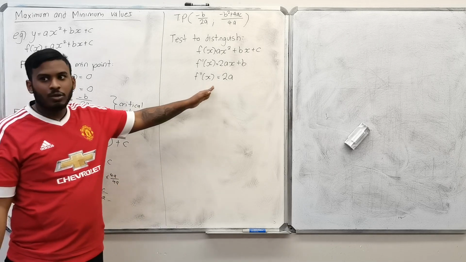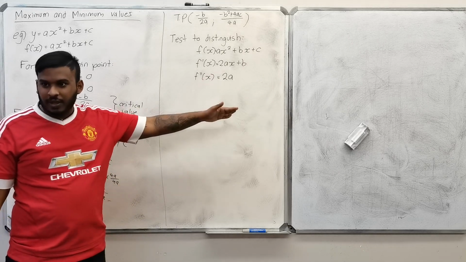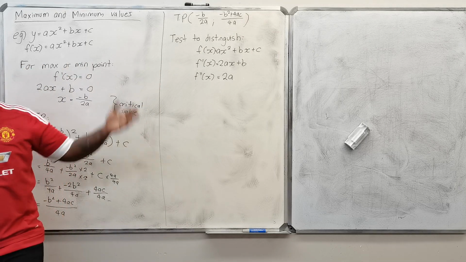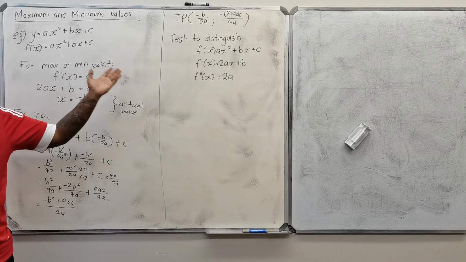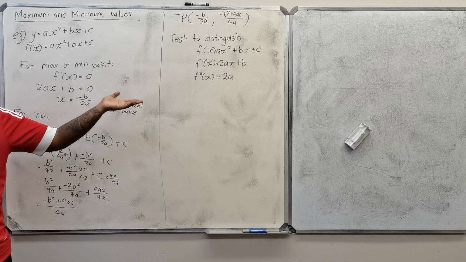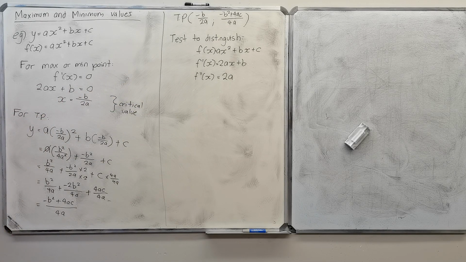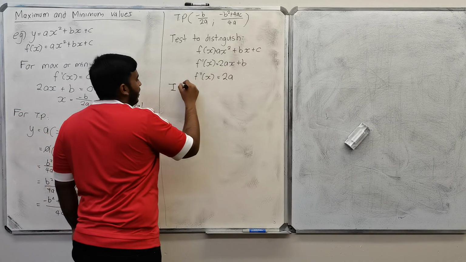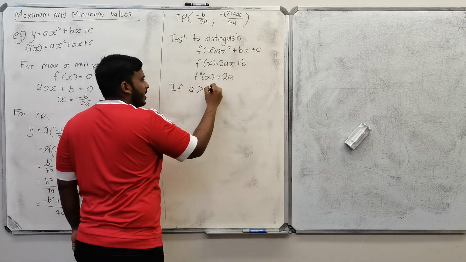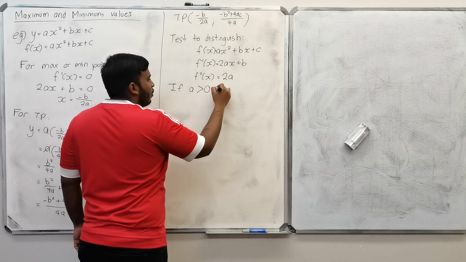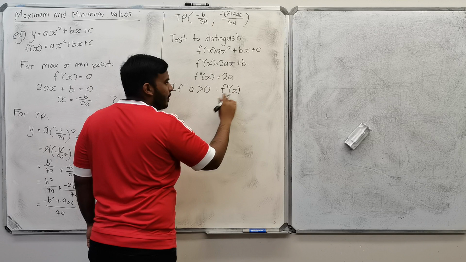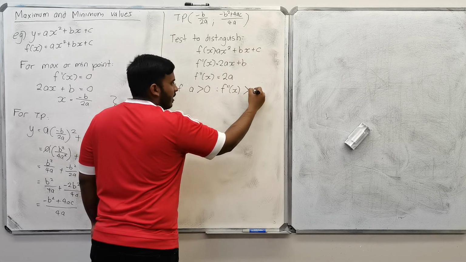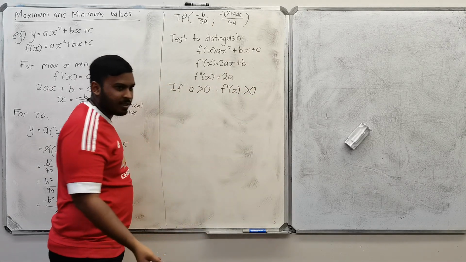That value would be a positive value. For a value of a that's greater than 0, you're going to end up with a positive answer, right? So if a is greater than 0, your f double prime of x would be greater than 0.